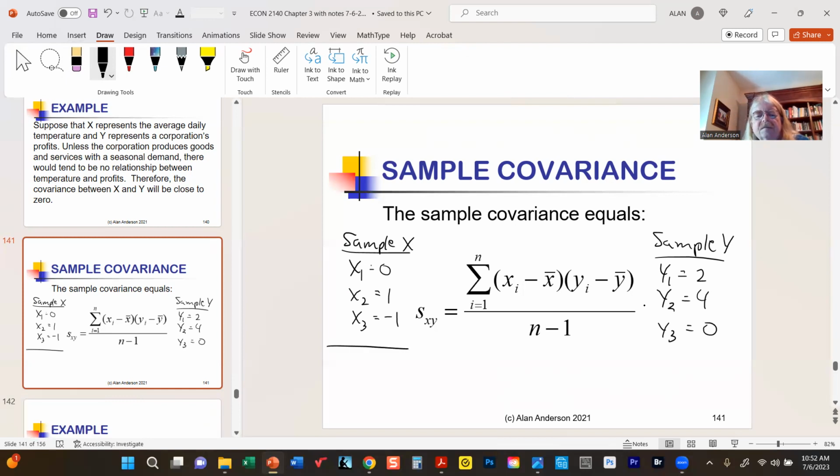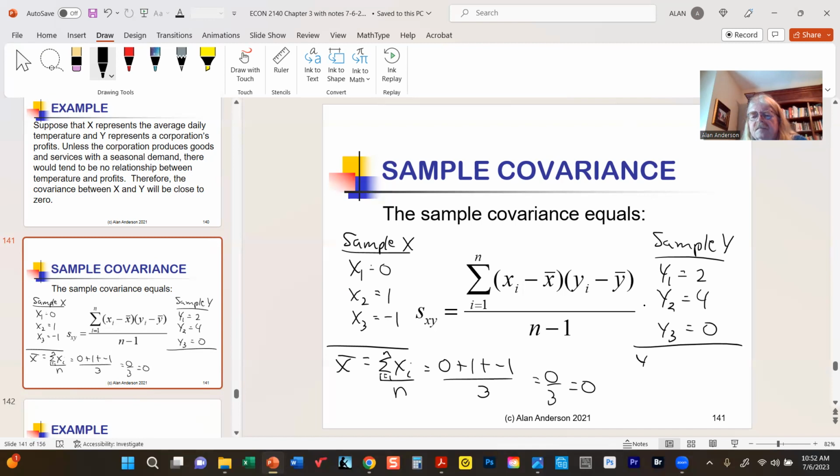Here, for example, we have 0 plus 1 plus -1 over 3. So X bar is 0. Over here, Y bar is the sum of the Y's over N, which means 2 plus 4 plus 0 over 3, which is 2.